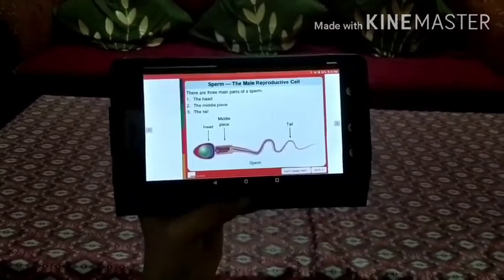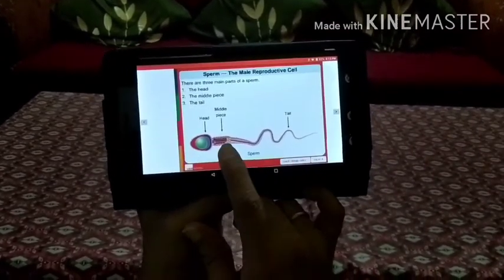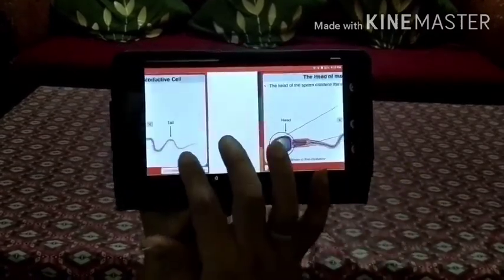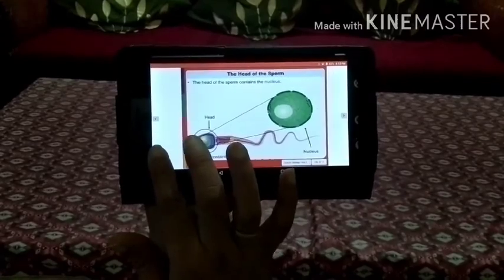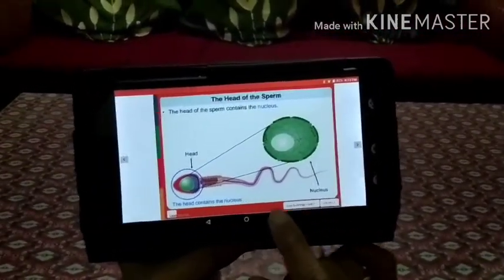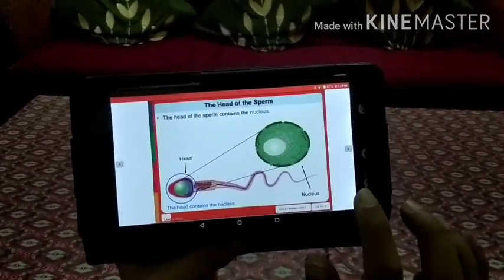There are three main parts of a sperm: the head, the middle piece, and the tail. The head of the sperm contains the nucleus. Here you can see the nucleus in the sperm.